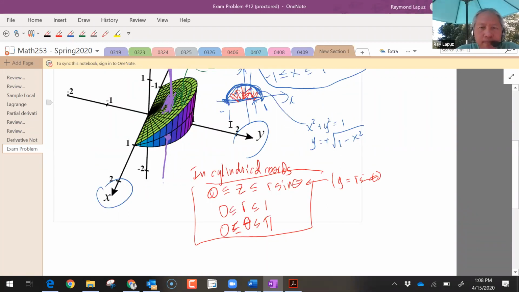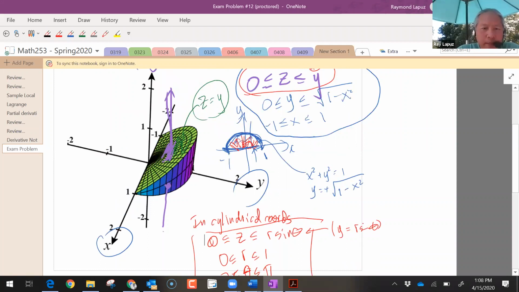More interesting. So you can do both. You probably don't want to go to cylindrical coordinates here because it looks more like a cylinder.